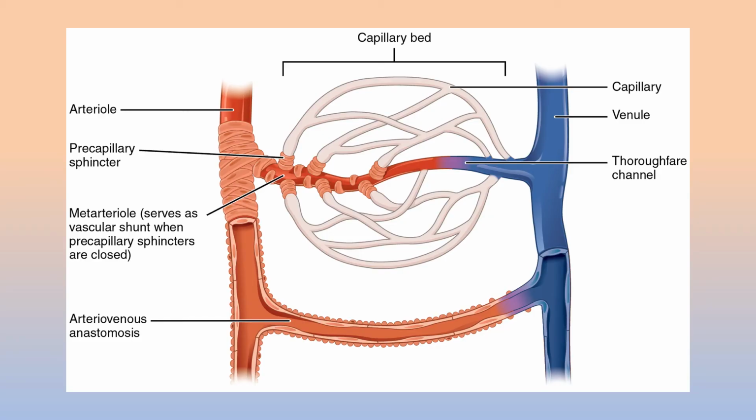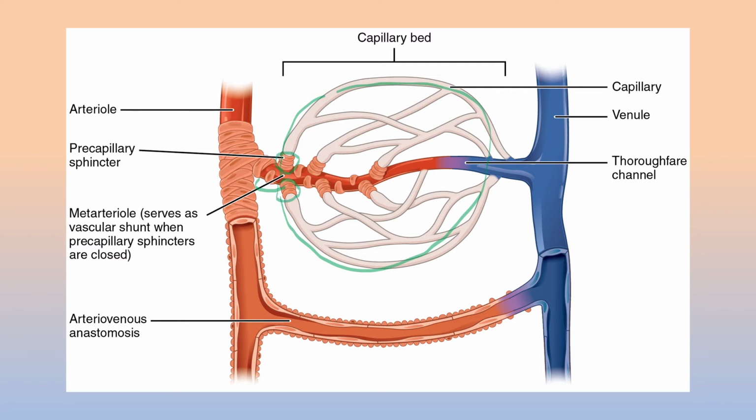So once again, this picture is going to show this much better. So here we have the arteriole. The meta-arteriole is connecting the arteriole to the capillary bed, which is this entire area. So that connection right here is the meta-arteriole, as we said. The precapillary sphincters are these circular muscles right here.